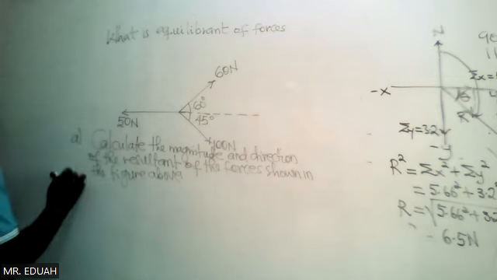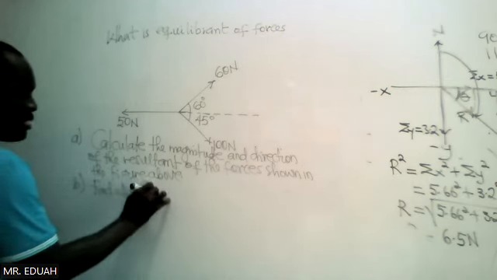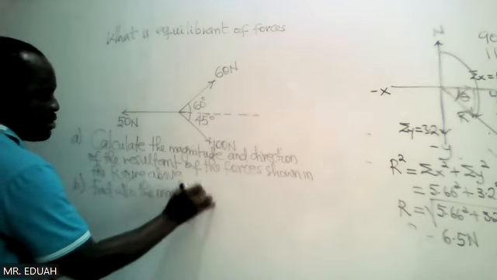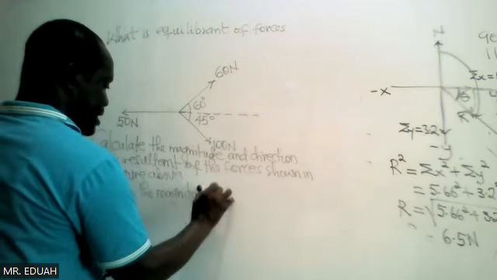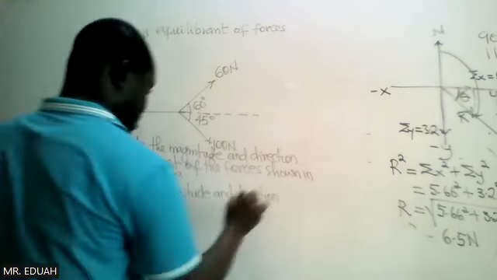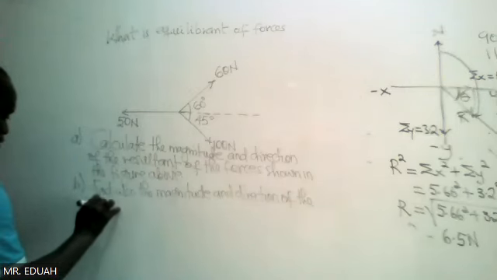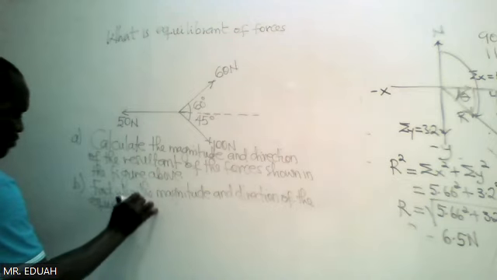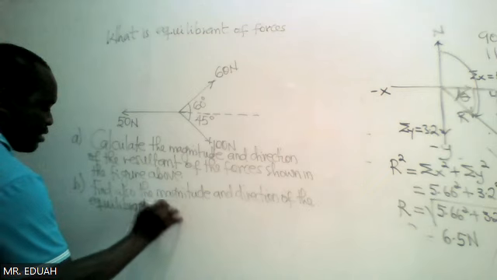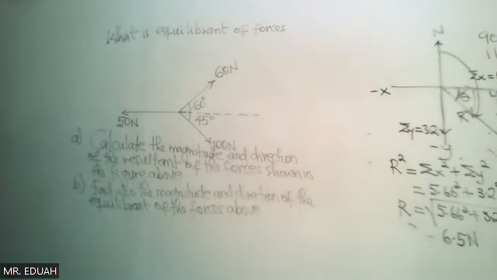So A and B. Find also the magnitude and direction of the equilibrant of the forces above. So this is the problem.